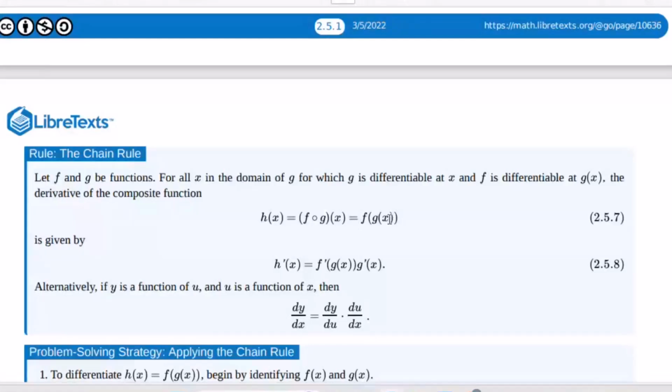Now, what is the derivative of the composite of f of g of x? It is given by the derivative of f evaluated at g of x, times the derivative of g. And that's it.